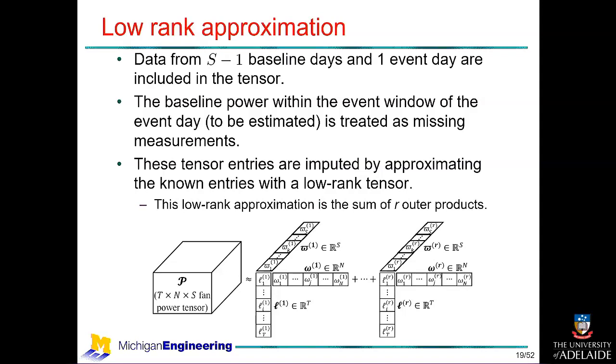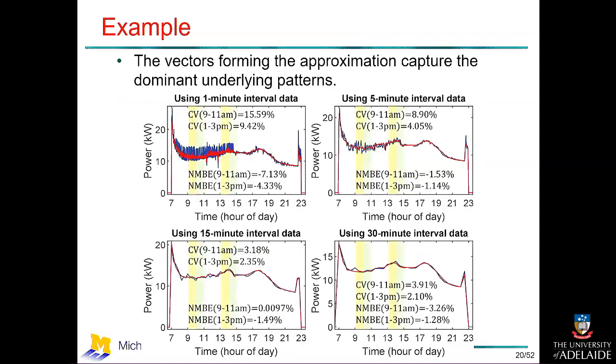It's the same process here, that the original tensor is close to something composed of just keeping a few of the low-rank tensors. Determining how many to keep is another question, and there are open questions on that as well. So we're just saying we're going to keep R, but is R 3 or 5? That depends on the data. Okay, so what does the outcome of that look like?